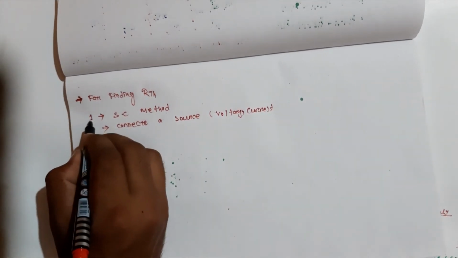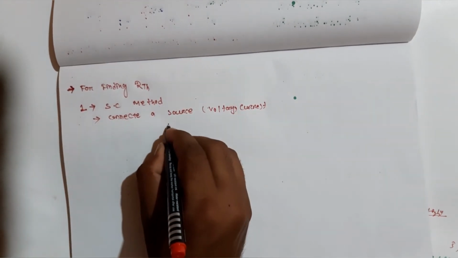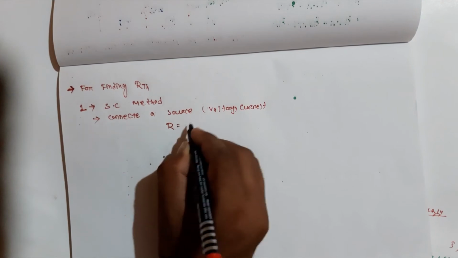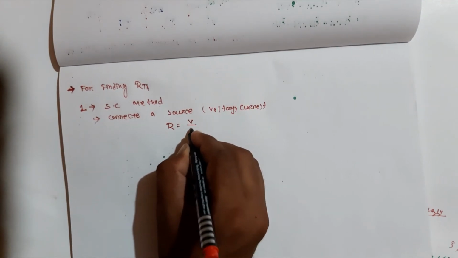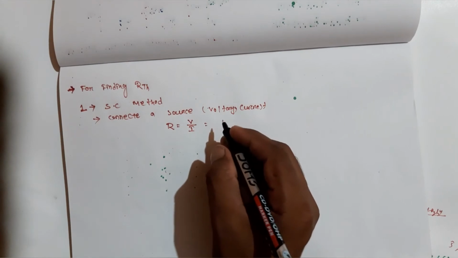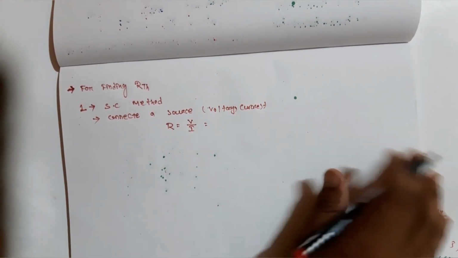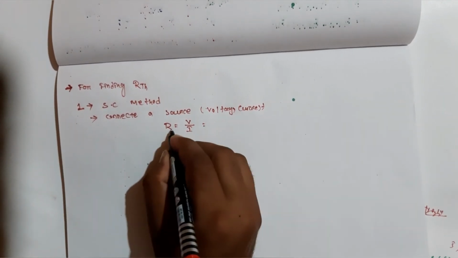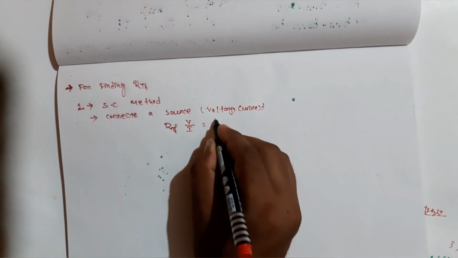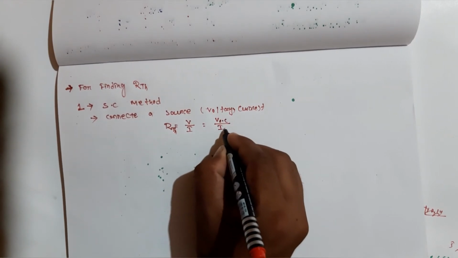First we deal with the short circuit method. We know the Thevenin's resistance R equals V by I. In Thevenin's theory, the Thevenin's resistance is nothing but the open circuit voltage divided by the short circuit current.